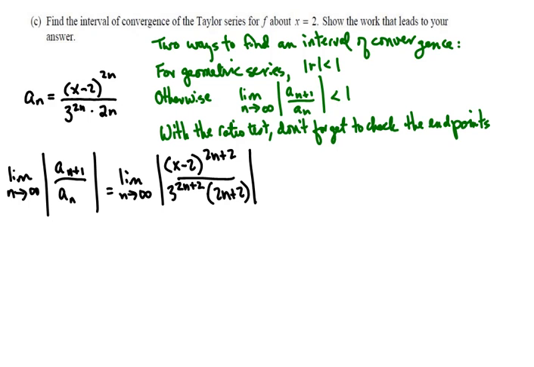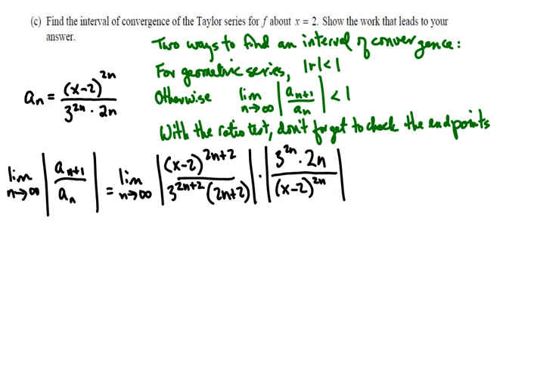And 2n is now going to become 2n plus 2. And instead of dividing, we're going to multiply by the reciprocal of the n plus first term. And we get 3 to the 2n times 2n in the numerator, and (x minus 2) to the 2n in the denominator, and that's in absolute value.